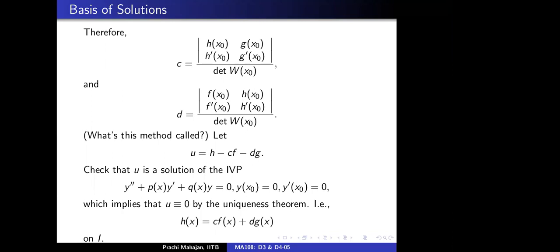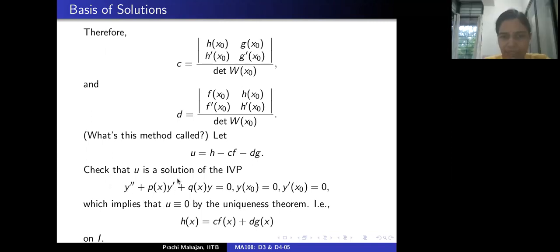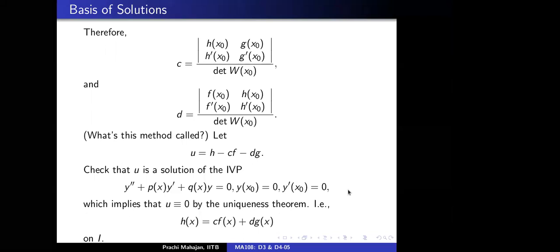Ma'am, I am not clear why U equal to 0 by the uniqueness theorem. How did we get that? You forget what we have done and look at just this initial value problem. Then Y identically 0 is a solution of this initial value problem, correct?